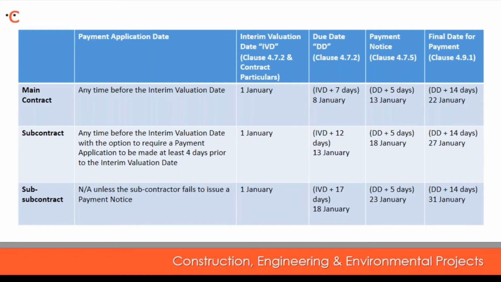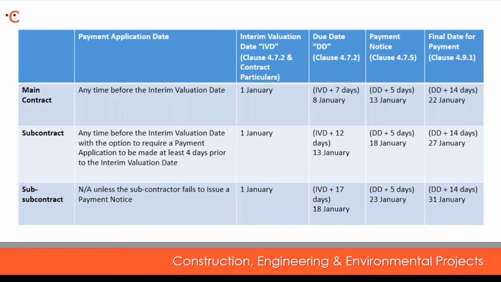So under the sub-subcontract, the valuation date is the same as the interim valuation date in both the main contract and the subcontract, so the 1st of January. Again, the final date for payment has been reduced from 24 days to 13 days to take into account the extended due date.